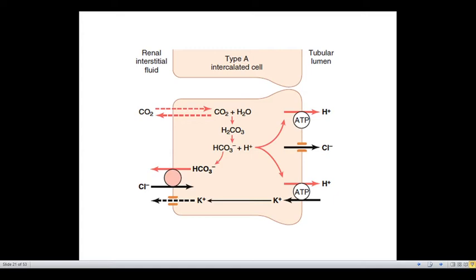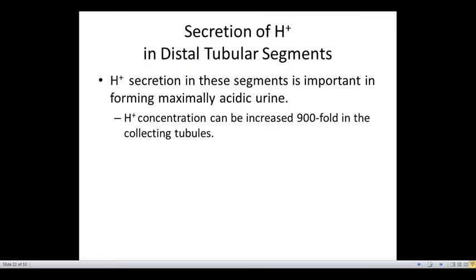Note that one bicarbonate ion is absorbed for each hydrogen ion secreted and one chloride ion is passively secreted along with the hydrogen ion. Hydrogen ion secretion in these segments is important in forming maximally acidic urine. Hydrogen ion concentration can be increased 900-fold in the collecting tubules.